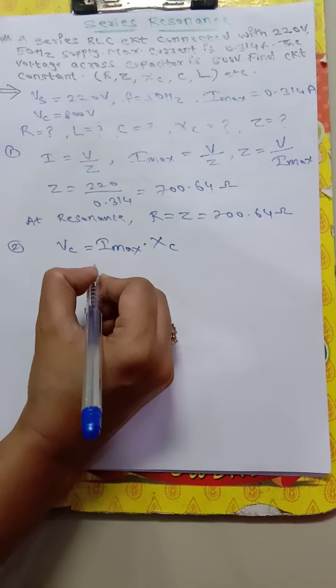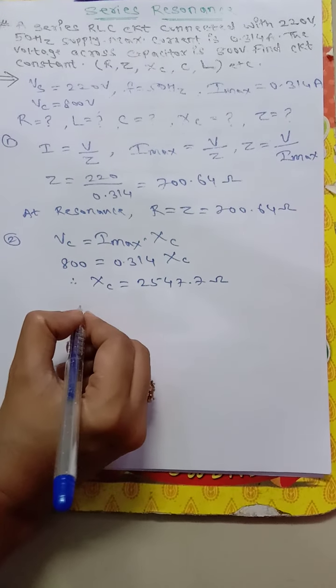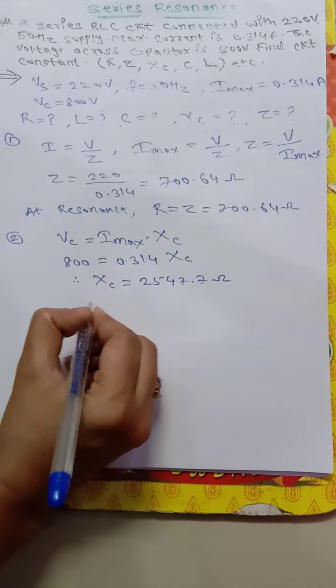Now in this way you can calculate the capacitor. We know very well that the capacitor can be calculated as C equals 1 by omega XC, since XC equals 1 by omega C. So in this way C will become 1 by omega XC.